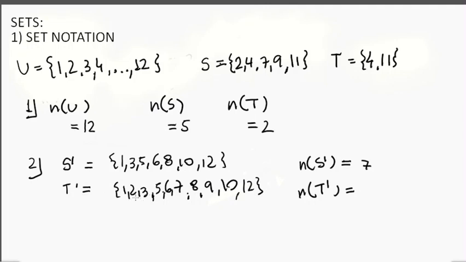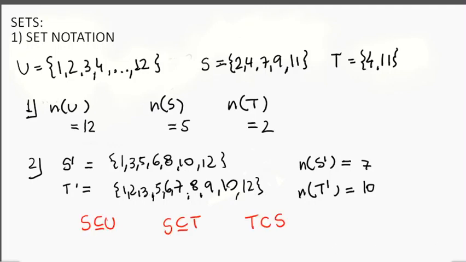Alright, so 1, 2, 3, 4, 5, 6, 7, 8, 9. We have 10 elements, right? So 10 elements plus 2, 12. So there we go. The two sets and all the elements are complements as well.